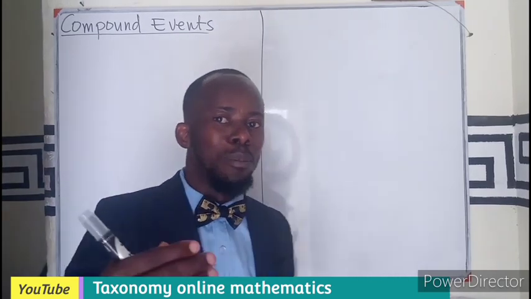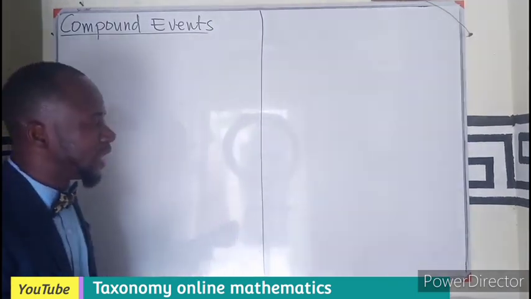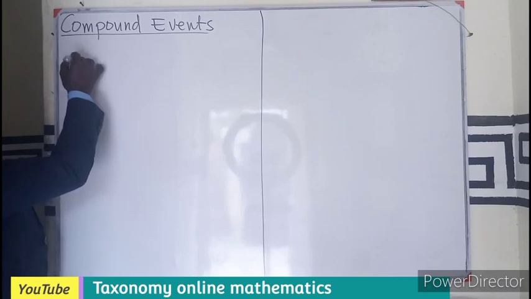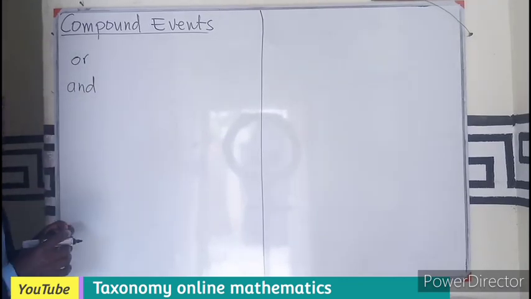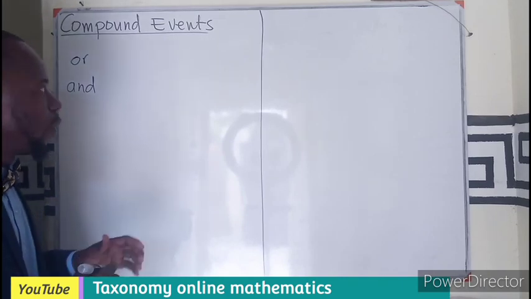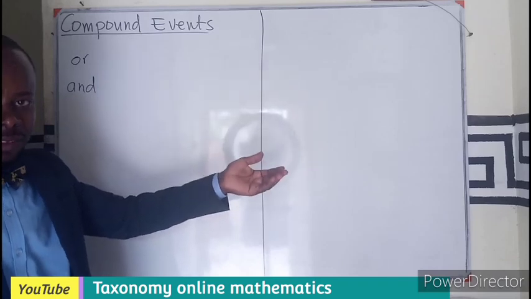And then, how do we combine these two or more events? The combination is done using the words or and and. So these two words will be used to combine the two or more events.